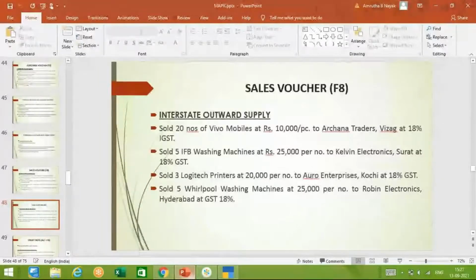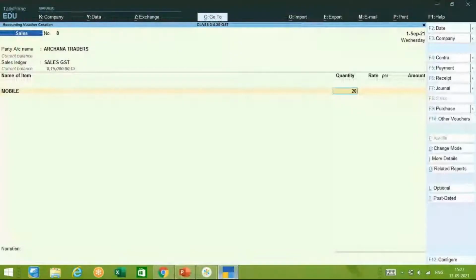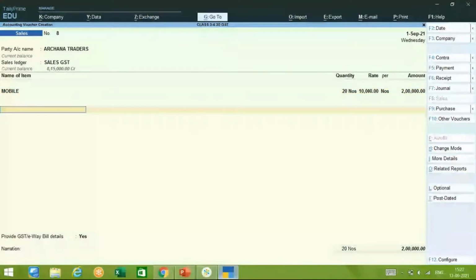20 numbers at 10,000. Why does this not come?